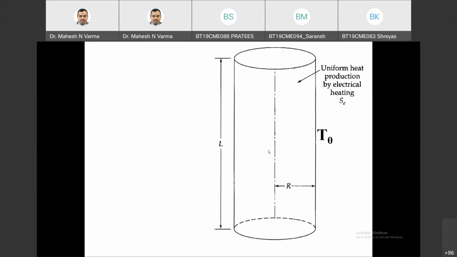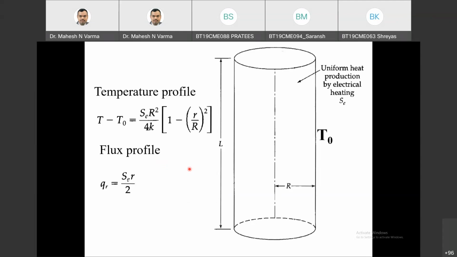We have discussed how the temperature profile will look for this case. We observed that the temperature profile will be T minus T0 equals Se R squared by 4K times 1 minus r by R squared, and the flux profile will be q_r equals Se r divided by 2.